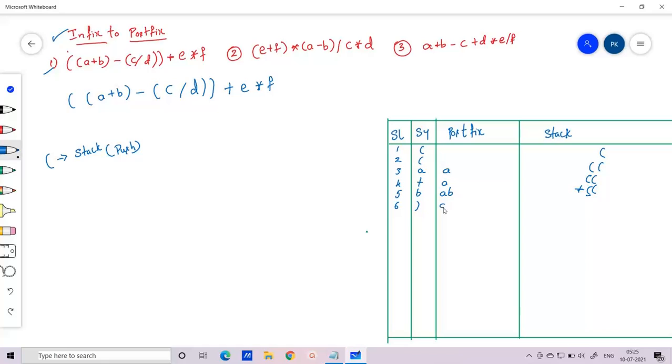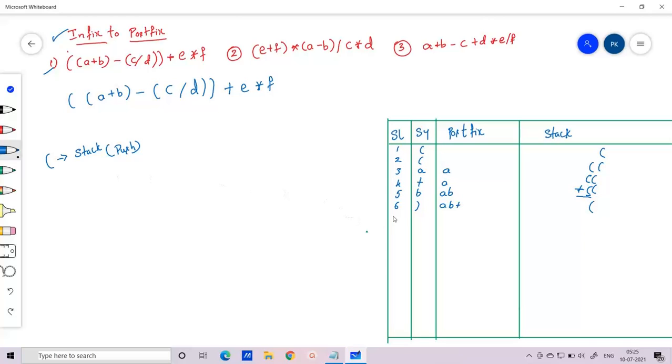So I'll get the result as ab plus. Here in the stack we are going to remove these two things, and those will be popped, so it will remain only with one opening bracket, or left parenthesis.